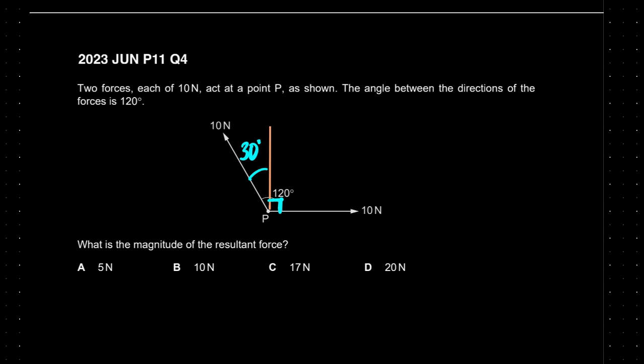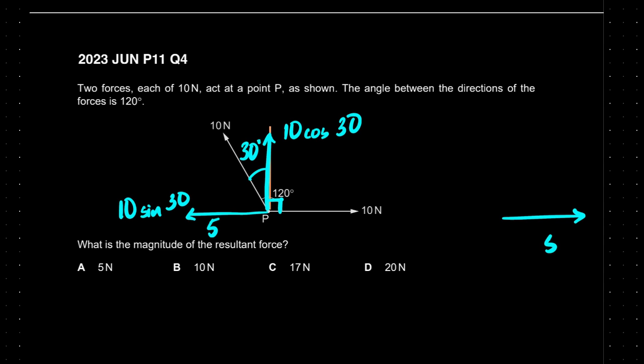So this component of this force is going to be 10 cos 30, and this is going to be 10 sine 30. 10 sine 30 is 5, and 10 minus 5 would mean this is 5 newtons. And I don't have my calculator, so I'm relying on you guys, but I'm pretty sure this is some value like 8.66 newtons.